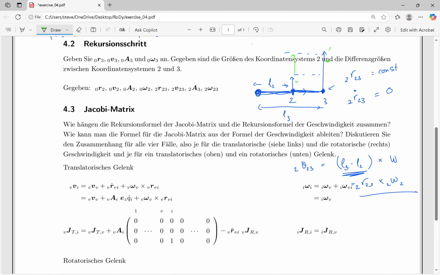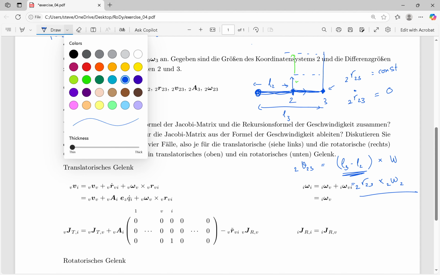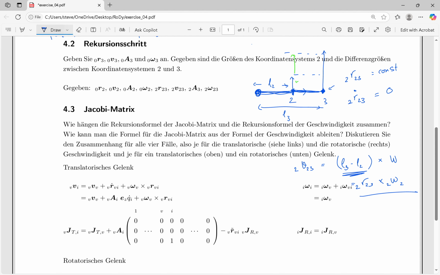And remember, these two blue things are in the inertial frame. So this green vector is actually v32. And if I write this green vector in coordinate system 2, then that is the true v32 in 2's frame, which comes out to be non-zero, which is completely different from this one.